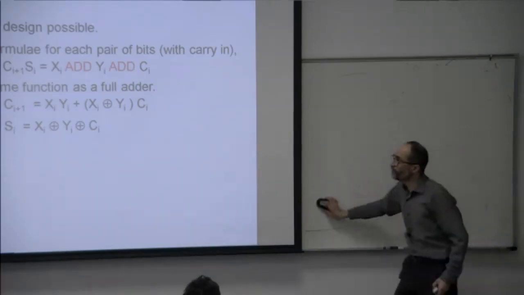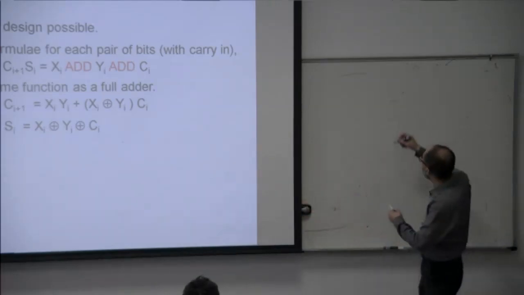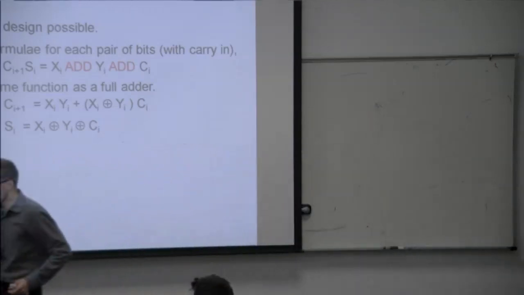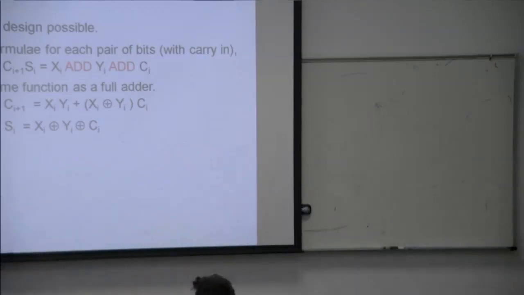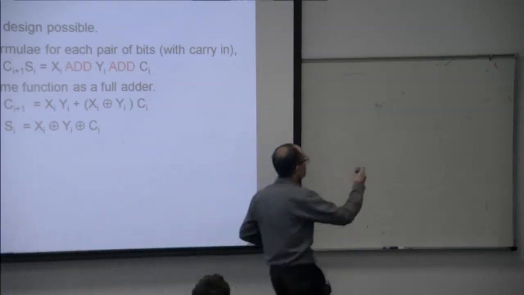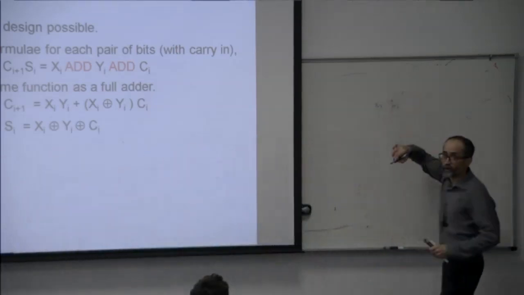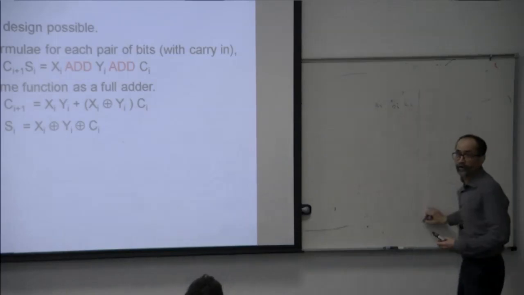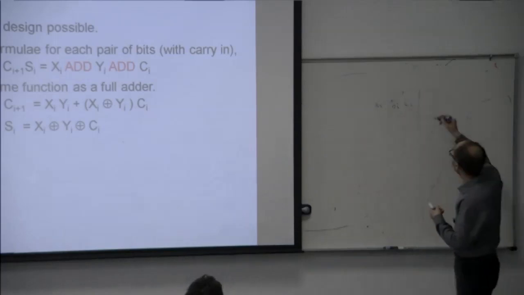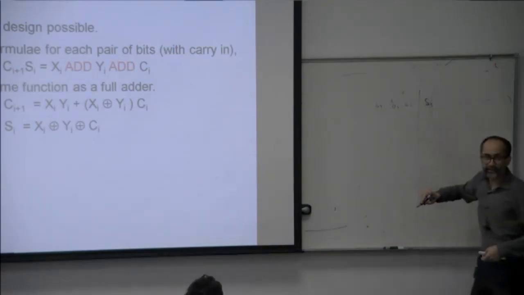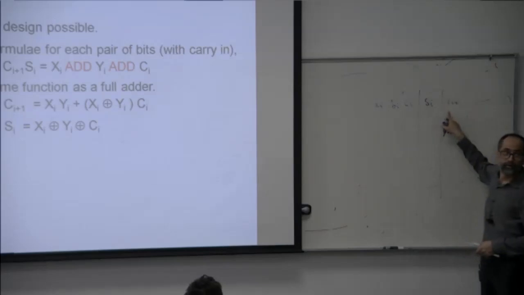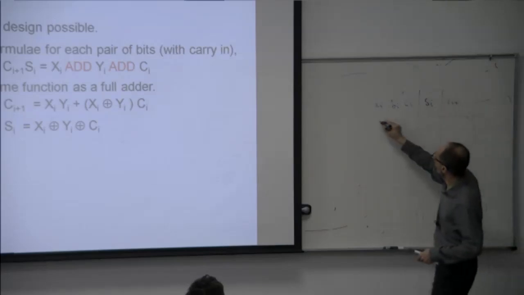Now, for any full adder, we have Ai. Is Ai input or output? Input. Bi is input, and Ci is input. What should be the output? Si. Why do we call this Ci plus 1? The carry in for the next stage.